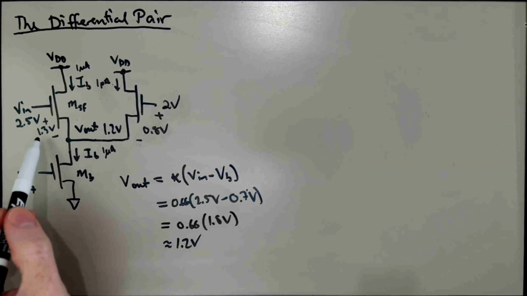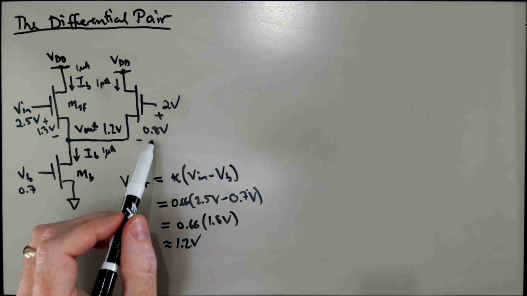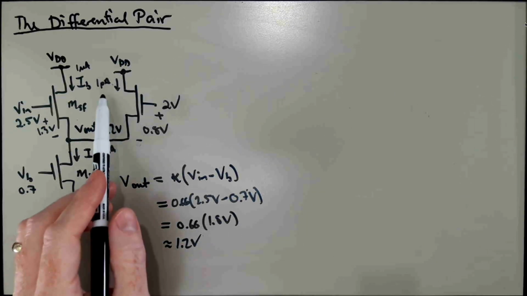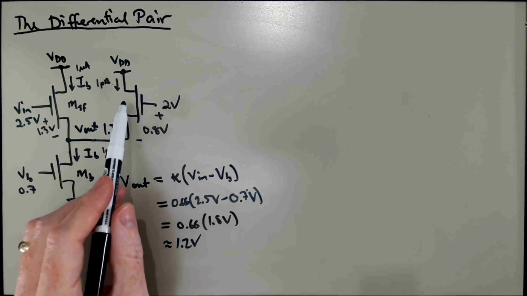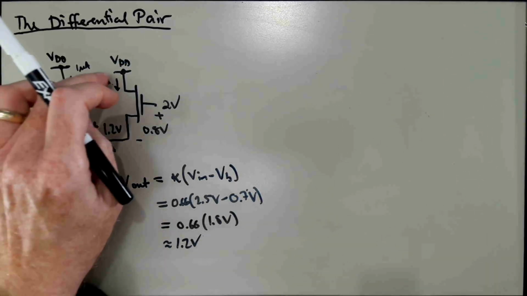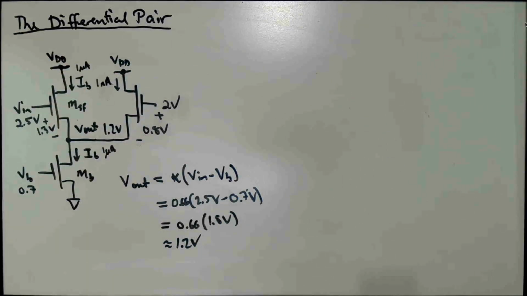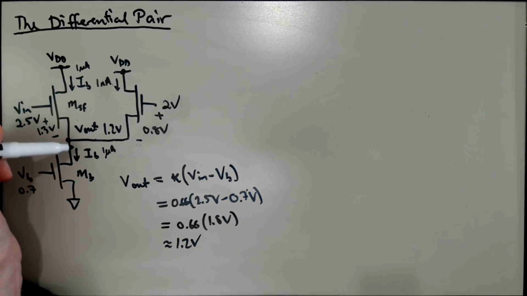So we still have a much higher gate to source voltage over here than we have over here. And so the amount of current that's going to be carried by this second transistor is still quite a bit less. Maybe it's going to be up to a nanoamp now, or maybe even 10 nanoamps, but it's still only like 0.1% or 1% of the current flowing in this transistor.